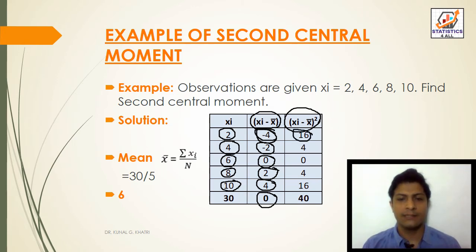In the next, minus 2 square is equal to 4. 0 square is 0. 2 square is 4. 4 square is 16. Now after finding the squares, we have to find the total. So (xi minus x bar) whole square total is equal to 40.